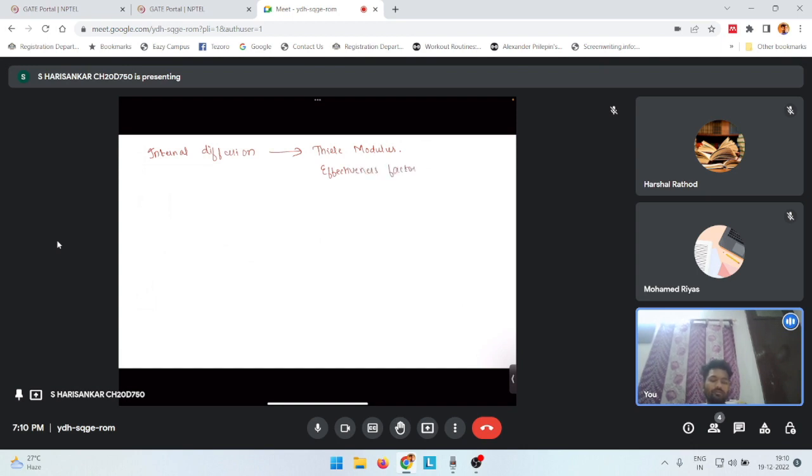We'll try to solve a couple of questions based on the Thiele modulus and effectiveness factor. And once that is done, a very small topic is left, which is the deactivation of catalyst. So these two portions are remaining in CRE. We'll try to cover these two portions in the next class, which is the coming next Monday.